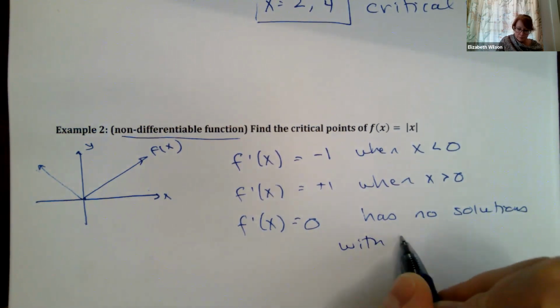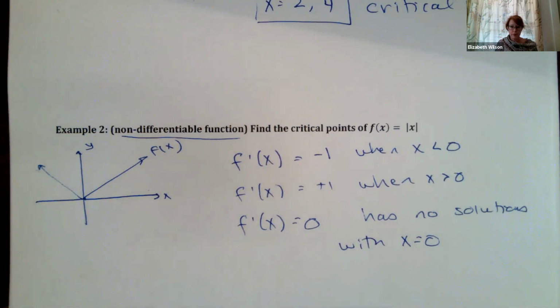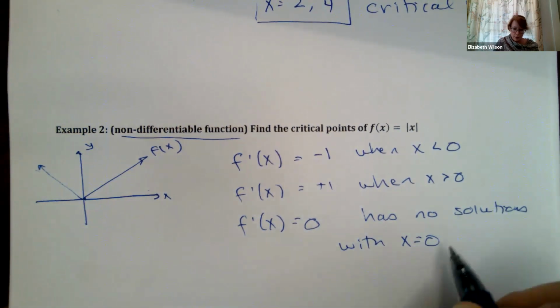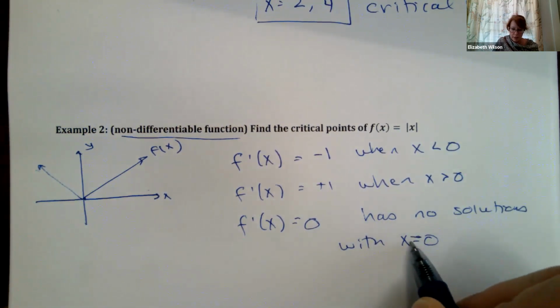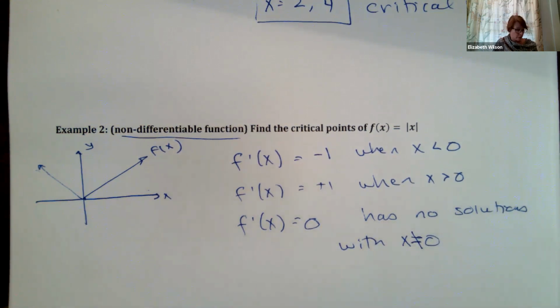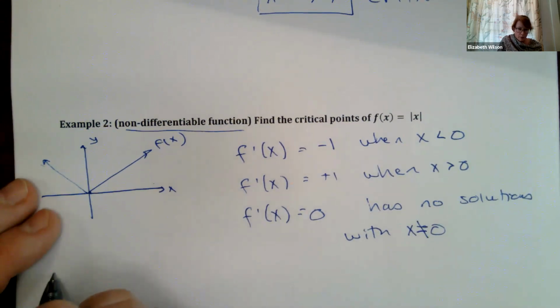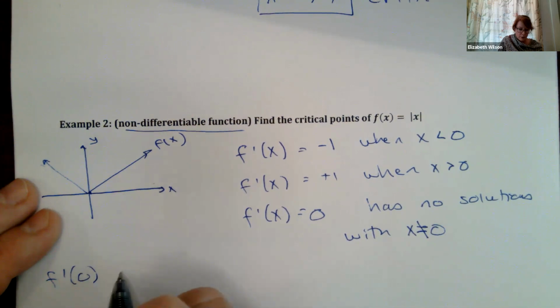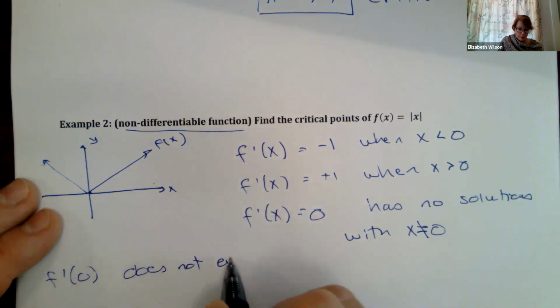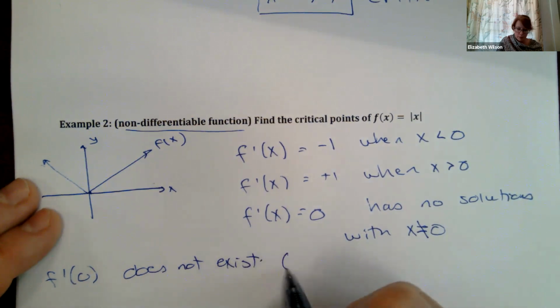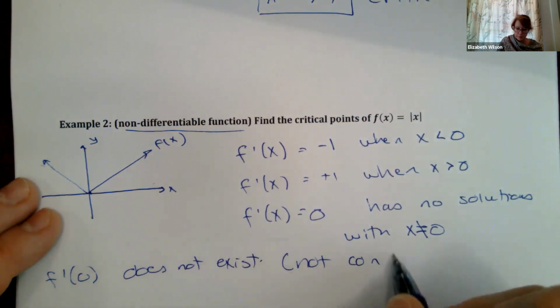So with x equals 0, this has no solution. So what I can conclude is f prime of 0, sorry, does not exist because it's not continuous.